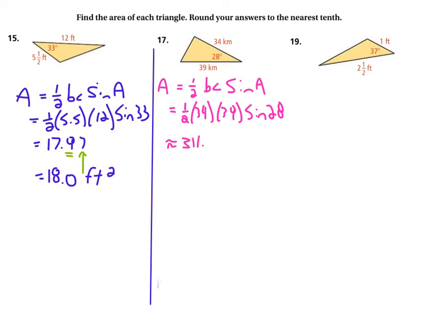It is 311.259. Doesn't really matter what's after the 5 because we're rounding to this place. Sorry, we're rounding to this place, so we're looking here. Is it 5 or higher? Yes. The 2 becomes a 3, and we've got 313, approximately equal to 313.3 kilometers squared.